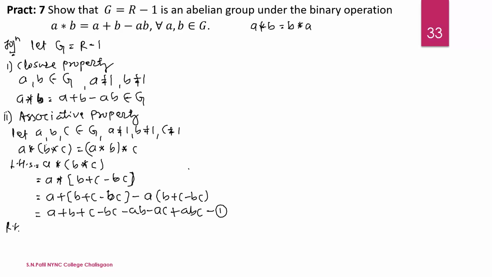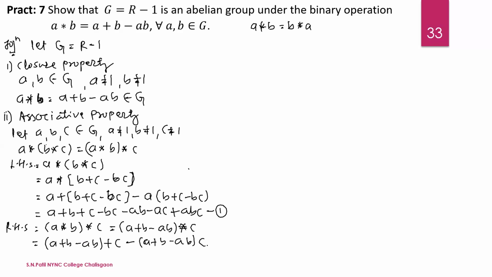Now RHS, that is (a star b) star c. a star b means first addition, then minus their product, star c. Apply the a star b property again: a plus b minus ab, this is the addition, minus their product, (a plus b minus ab) into c.